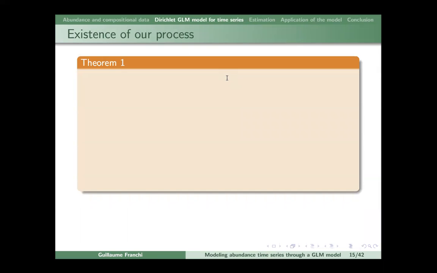So we know how we want to build our process, but we have to be sure that this kind of process exists. If not, it is not worth studying it. This is the point of theorem 1.